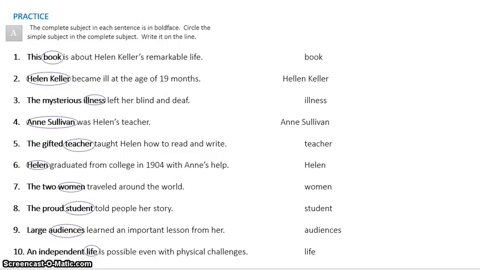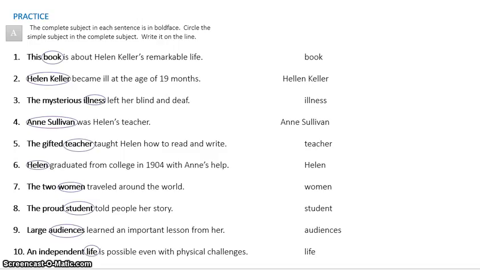Well, in that case, this book that is on the shelf is the complete subject, but shelf is the last word in that. Well, shelf is not my simple subject. The whole sentence is not about the shelf. It's still about the book. So you have to be very careful that you're not doing something automatic, because it's not going to be that way in every single sentence.